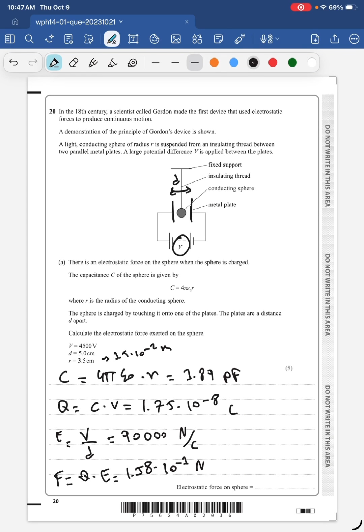Okay, this was a little bit involved, but even if I didn't know anything about the problem, I just used formulas given to us, okay? So we're given the formula for the capacitance, so we can calculate the capacitance. Then we can just find the charge on the capacitor using the familiar formula CV, okay?